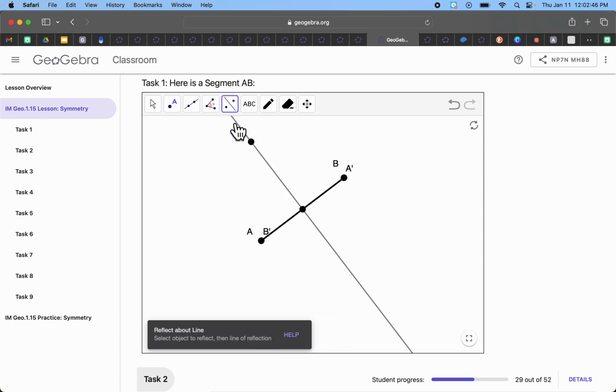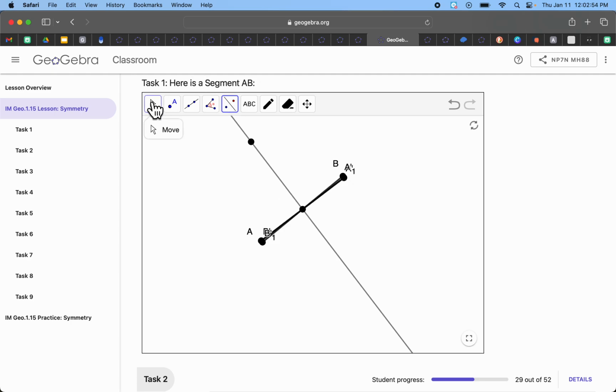We reflect this across this line. So this item reflected across this line. Boom. Okay, I didn't quite get it, but if I had lined that line up perfectly, it would have landed exactly where it was. Okay, good.